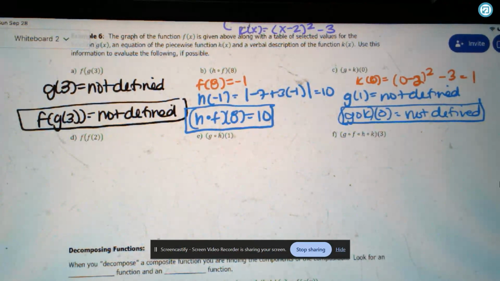So go ahead and try out D and E. If you're stuck, talk with a neighbor. See where they're at.